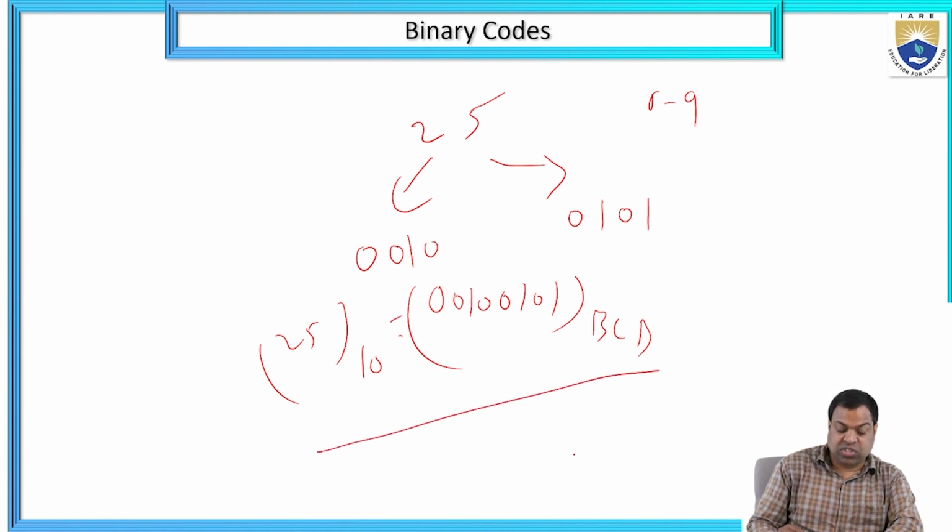Actually, what does our number system mean? Suppose I want to convert not to BCD but to binary.